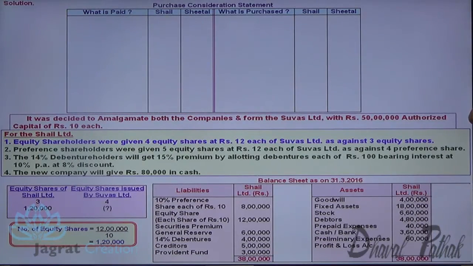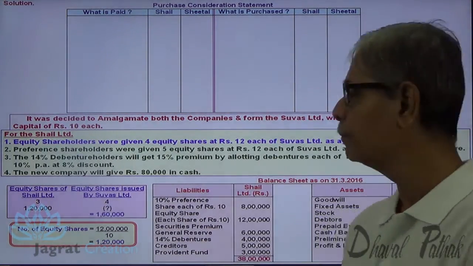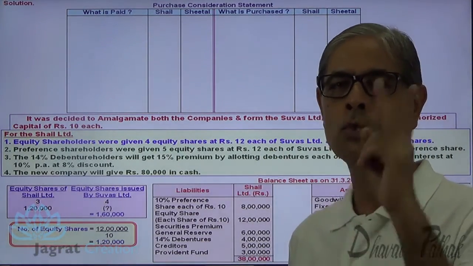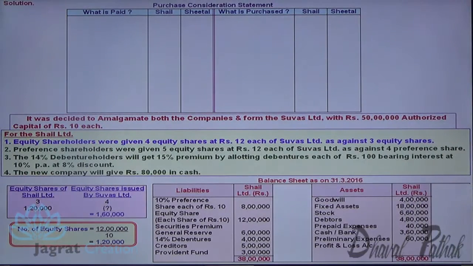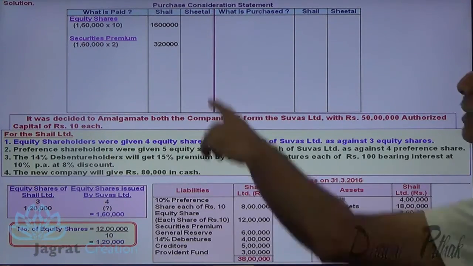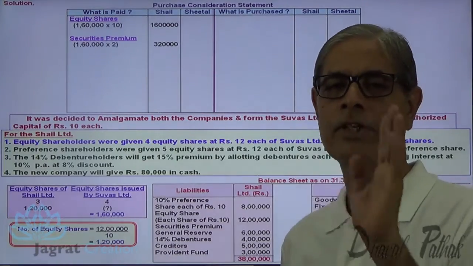So 1,20,000 into 4 divided by 3, 1,60,000 equity shares are to be given, and they are to be given at a price of ₹12. Share face value is 10, so 2 is the premium. So 1,60,000 into 10 is equity share capital, and securities premium is 1,60,000 into 2. This is the payment given for equity shareholders.